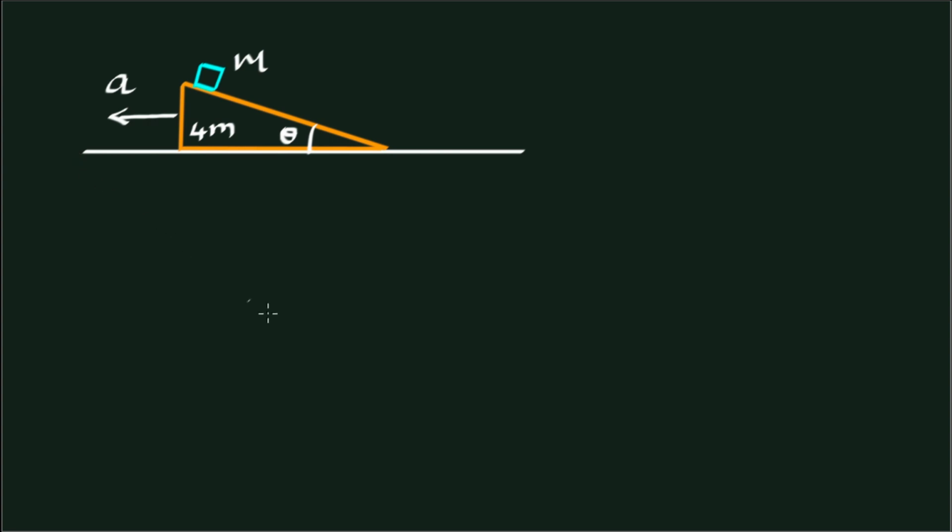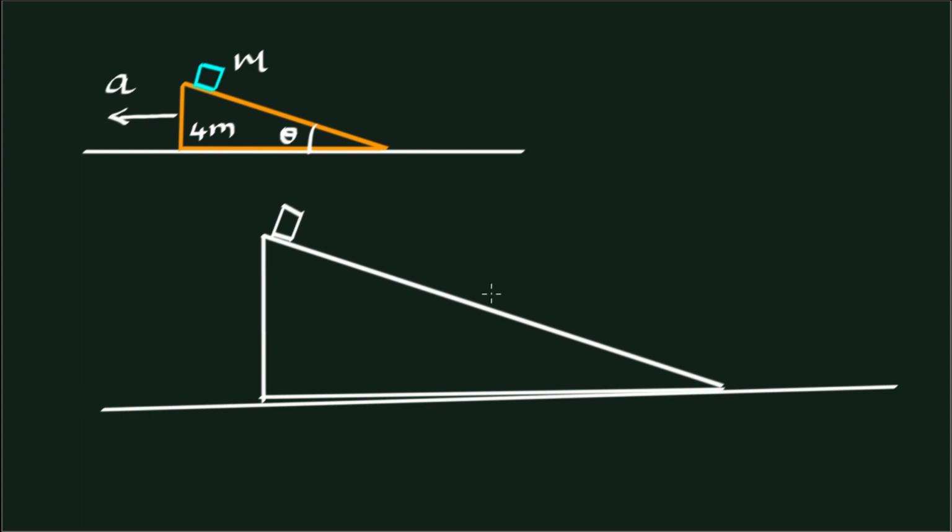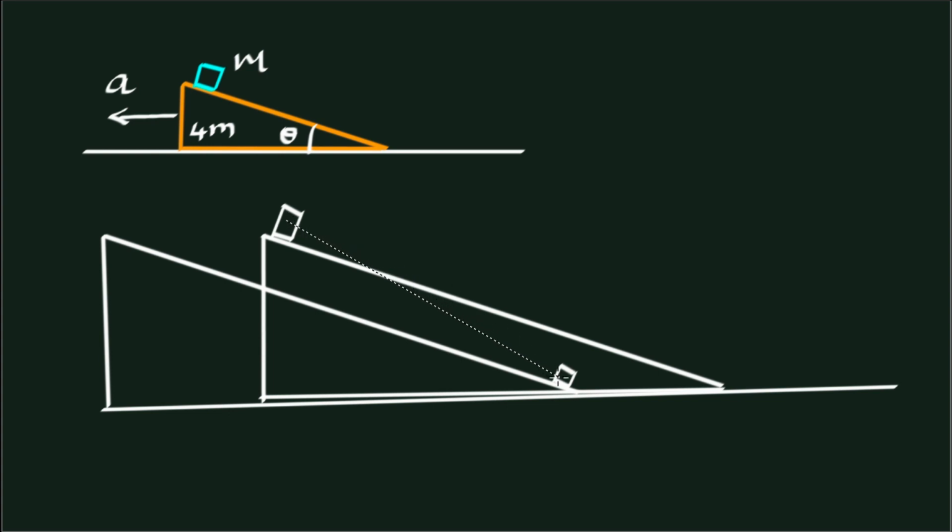Now the important thing to realize here is the following. As the block slides down, the wedge accelerates to the left, and after some time we will find that the wedge is here and the block has come down here. So you can see right away that the block moves down at an angle greater than theta.